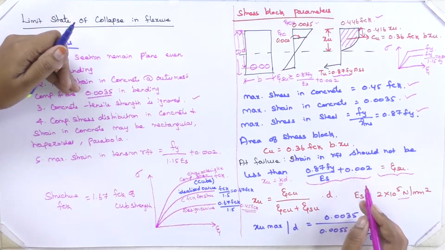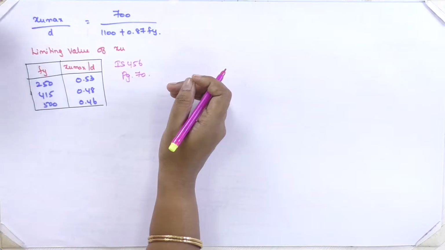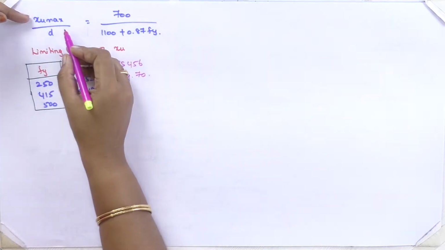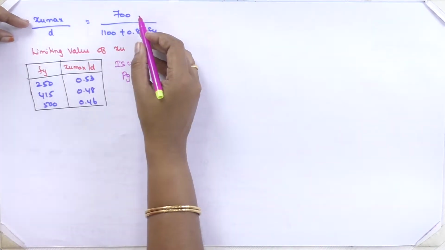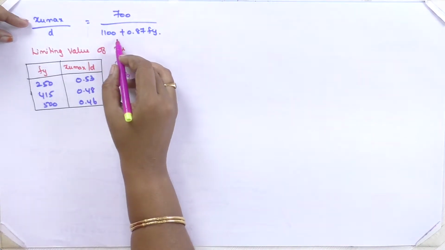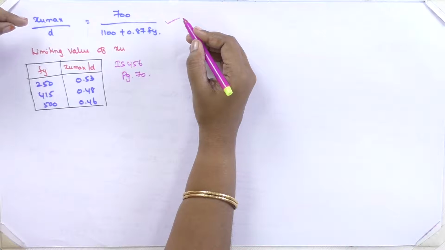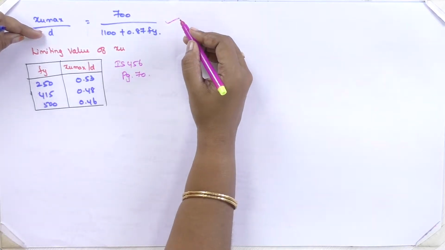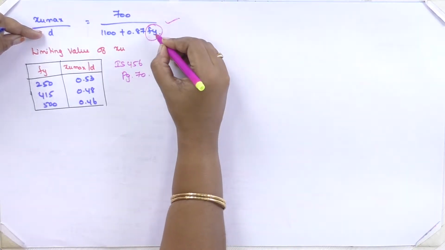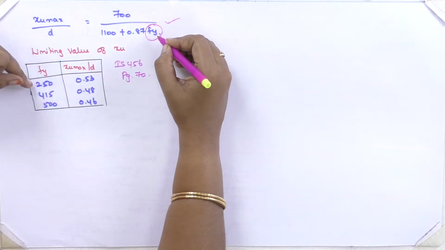After substituting this value, you will get 0.005 plus 0.87 Fy divided by Es. Now we will get the value of Xu max by D equal to 700 divided by 1100 plus 0.87 Fy. We have the Xu max by D variation for variation in the yield stress of your steel.